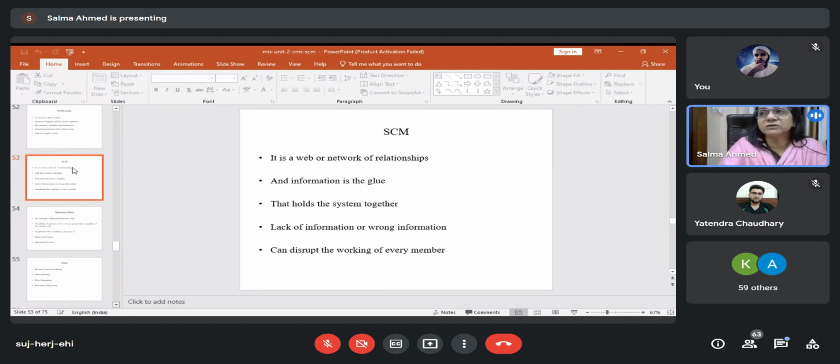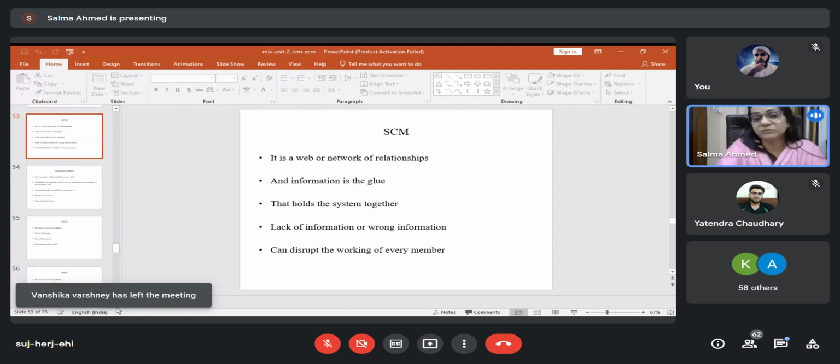If the retailer sends a wrong signal about demand, a wrong signal will be passed on. The wholesaler will communicate wrong information to the stockist, who will give wrong information to the factory, and the factory will produce maybe more than is actually required or less than what is demanded.